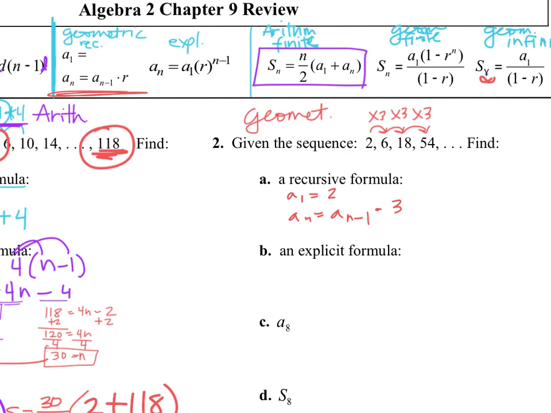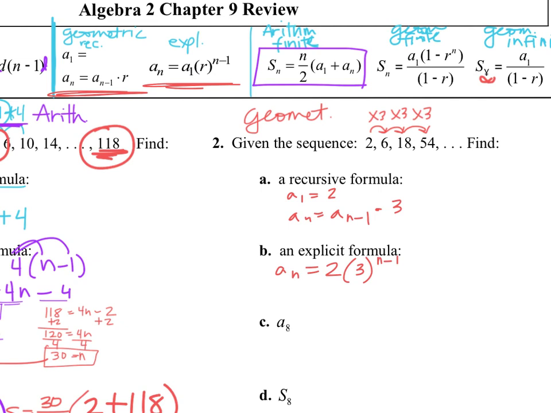So that's your recursive formula. Your explicit formula, this one here, is going to be a sub n equals, you need your a sub 1, right? So your first term, which is 2, times your r, your common ratio, that's the 3, that's what you're multiplying by, to the n minus 1 power.